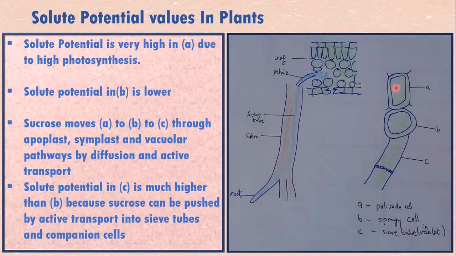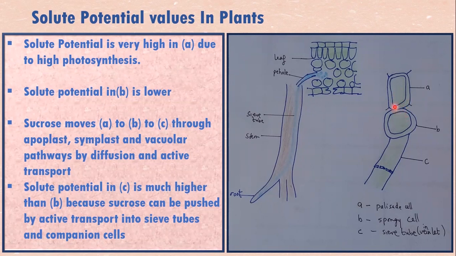So let's come back here. We have the palisade cell, spongy, and a sieve tube in the veinlets. Now, the solute potential here will be highest because, as we have said, photosynthesis. Now, because the solute potential is high here, the solutes will move from cell A to cell B, that's a spongy cell, and the solutes move by diffusion through the apoplast pathway, the symplast pathway, vacuolar pathway.